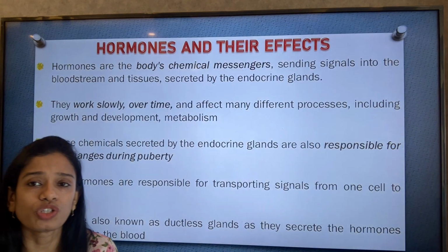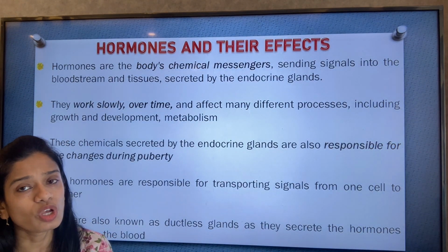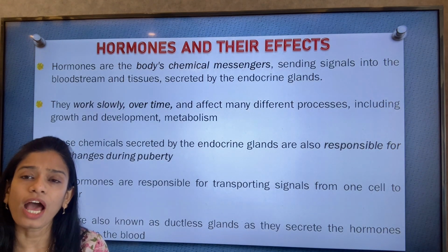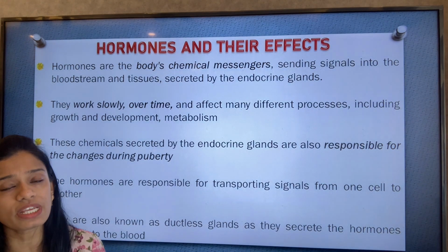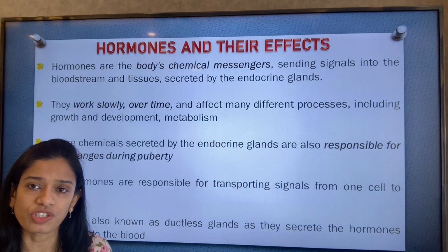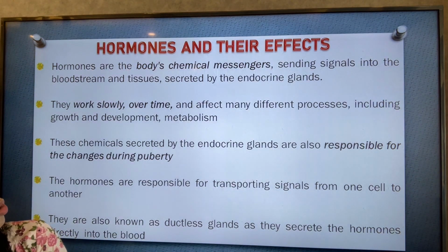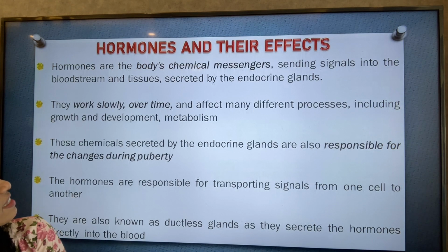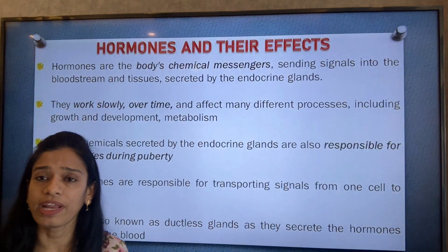Next we move on to the hormones and their effects. When we talk of hormones, what are hormones and how do they bring about the changes on entering the age of adolescence or due to the onset of puberty? Let's see. Hormones are the body's chemical messengers, sending signals into the bloodstream and tissues, secreted by the endocrine glands.